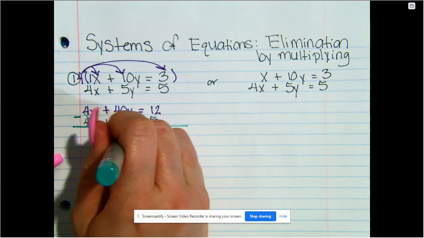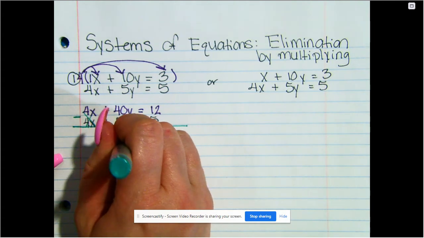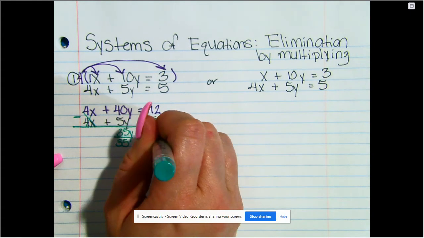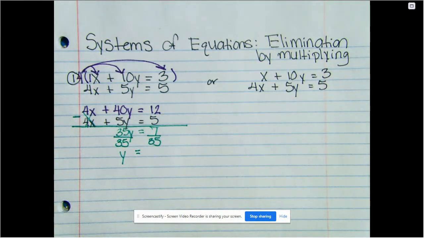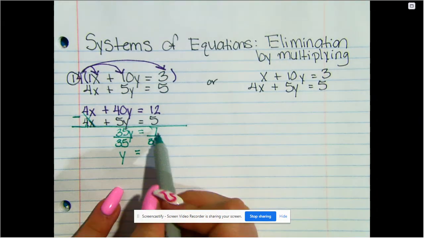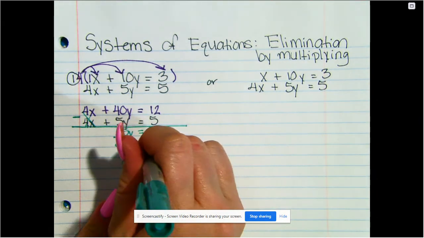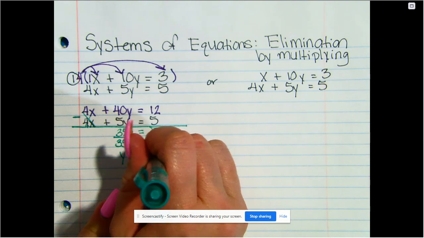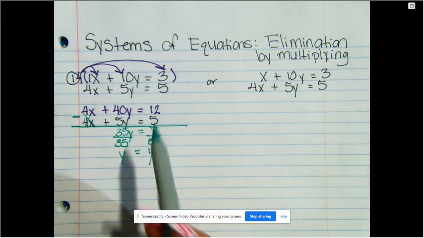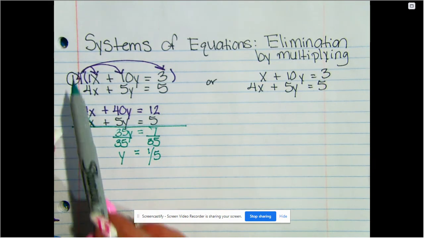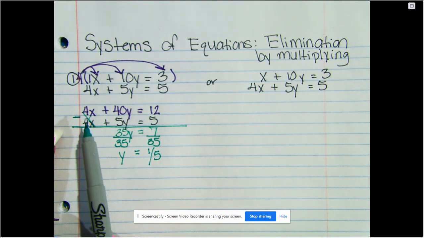And then the inverse of multiplying by 35 is dividing by 35. Before you freak out, the first one does have a fraction as a value. If I simplify this, I'm going to end up getting 1/5. Now, we could have also multiplied by -4 and used adding down here.